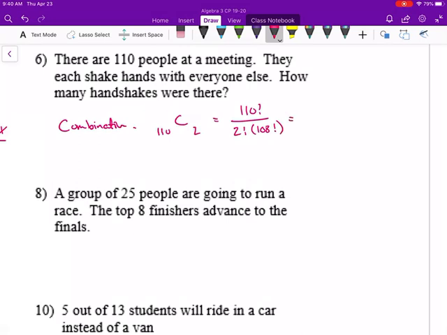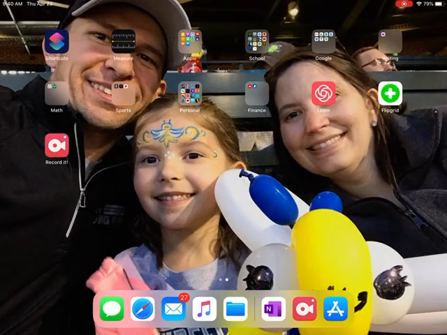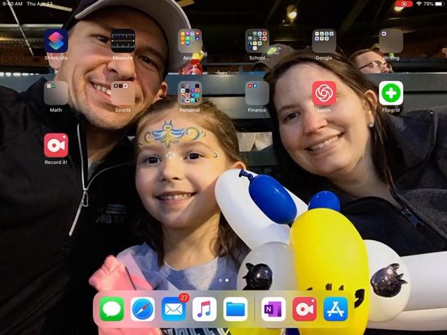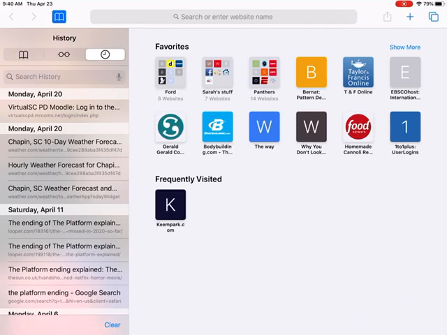Now, I really wouldn't recommend working this one out by hand. You certainly could, but I wouldn't worry about all that part. I would just use a calculator, or combinations are actually pretty easy. You can even just Google it.